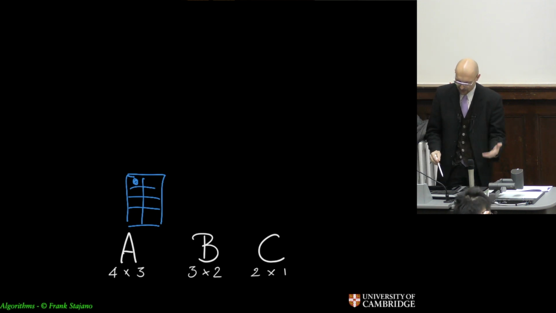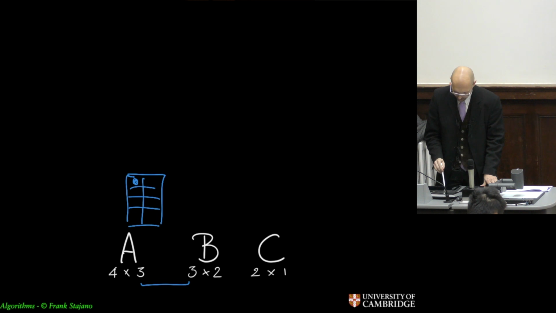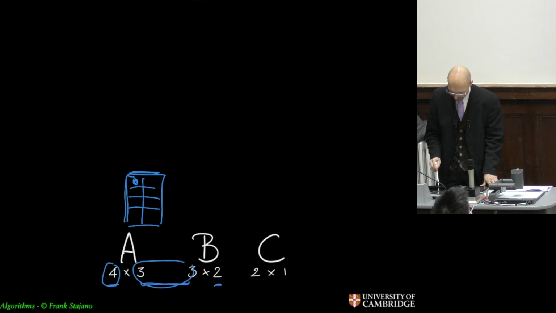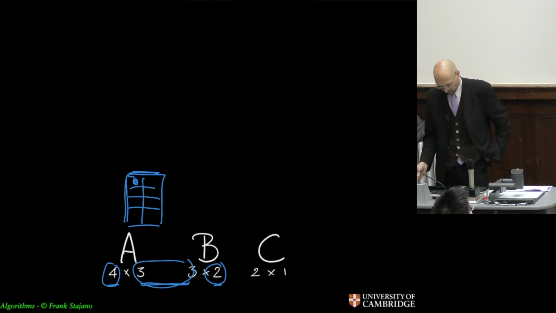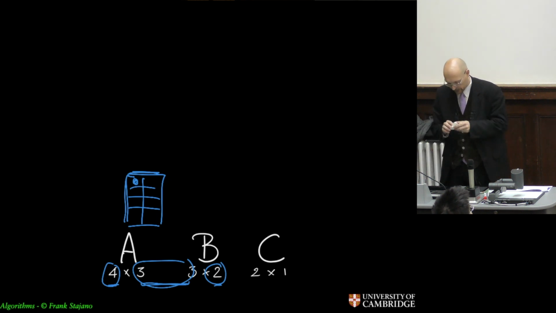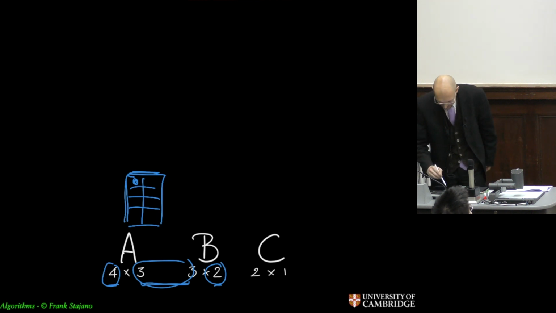So I do as many multiplications as there are items in this common dimension. So I basically do 4 elements, 2 elements, and 3 multiplications per element. So I end up multiplying these 3 numbers. And so 4 times 3 is 12, times 2 is 24. AB gives me 24 multiplications.